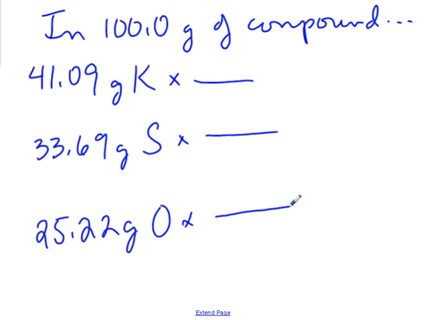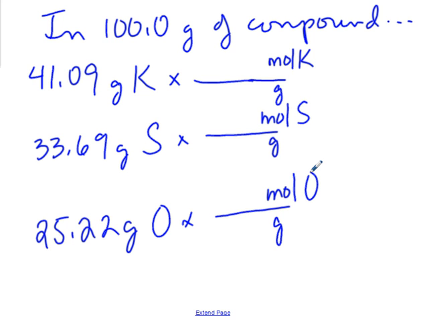ratios, right? So if you want to write in the margin of the problem, this is step 1. Step 1, we are converting grams to moles. That might be useful to put in your margin to study from later. So I'm going to get rid of grams and switch to moles of potassium, get rid of grams, switch to moles of sulfur, get rid of grams and switch to moles of oxygen.